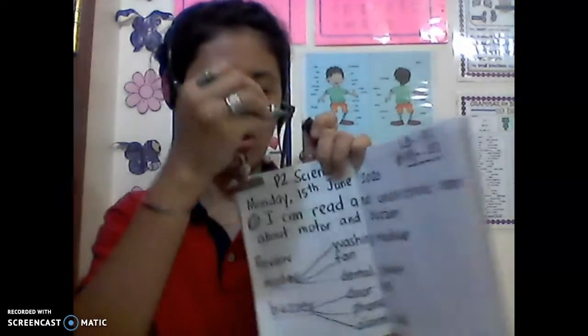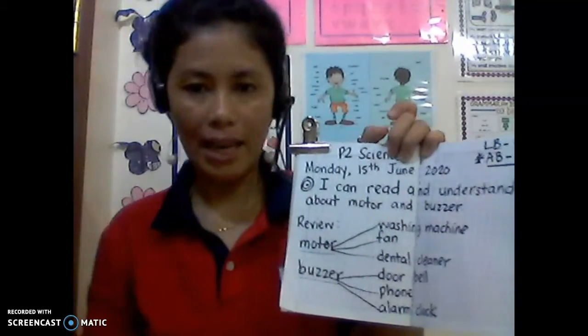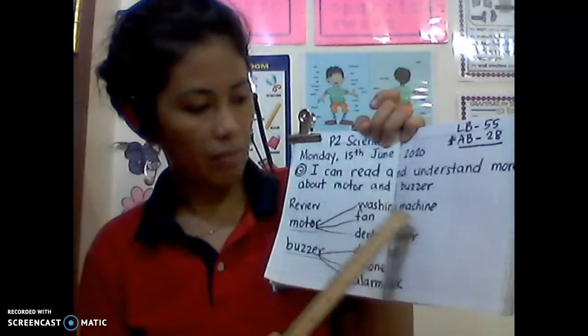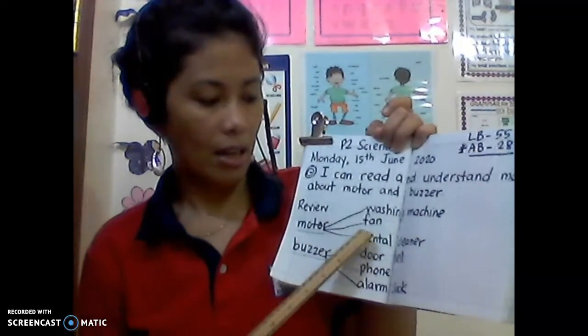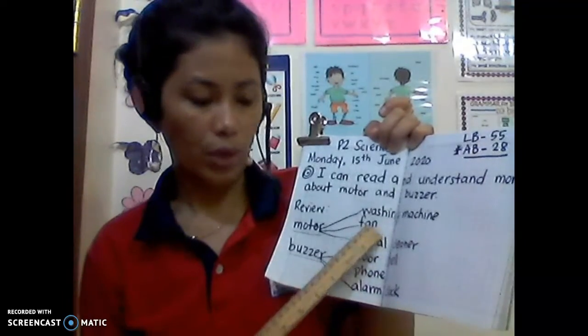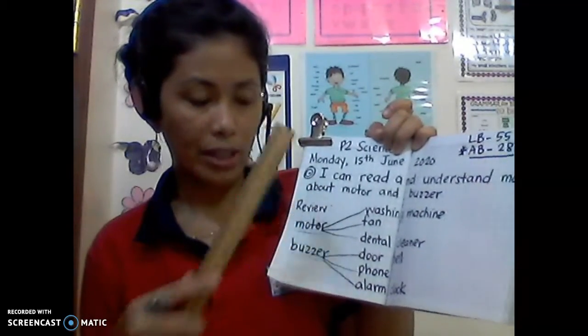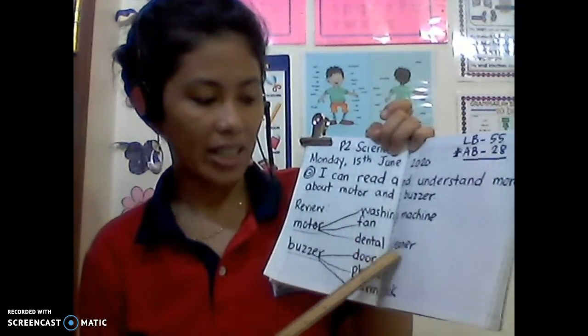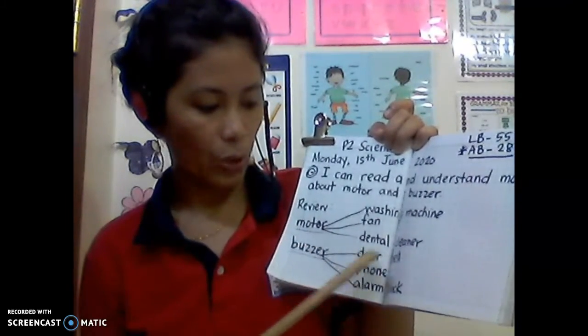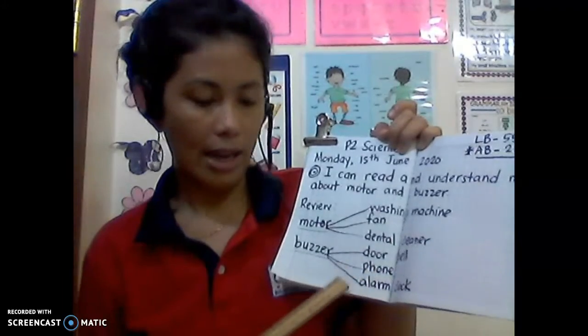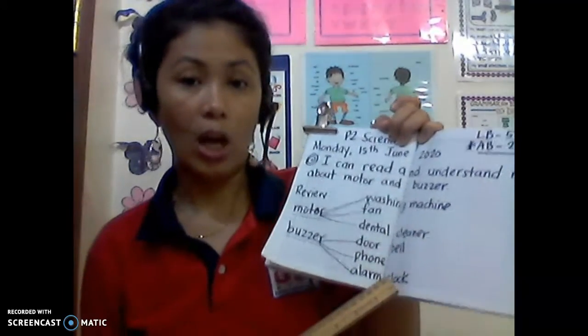Very good. So again, washing machine, we use motor for it to spin. The fan, we need motor also. The dental cleaner, motor. For the buzzer, we have the doorbell, the phone, and the alarm clock.